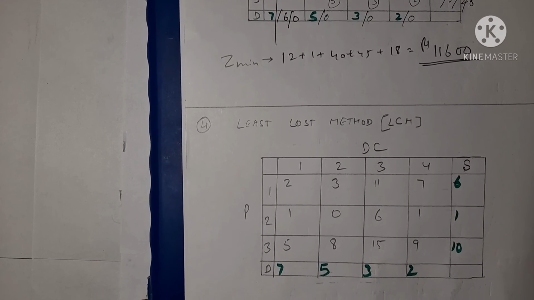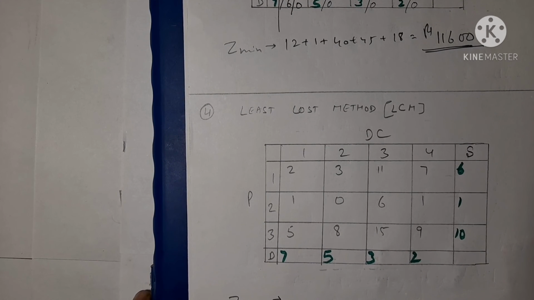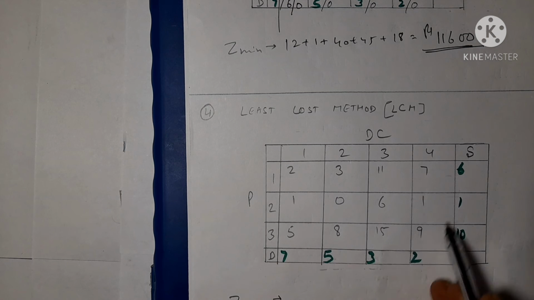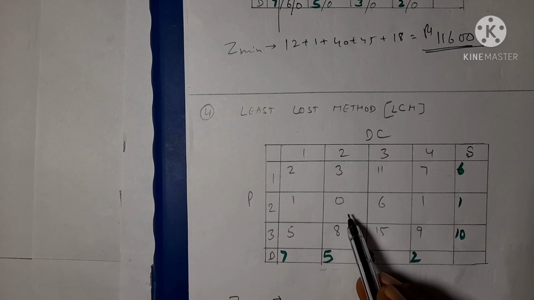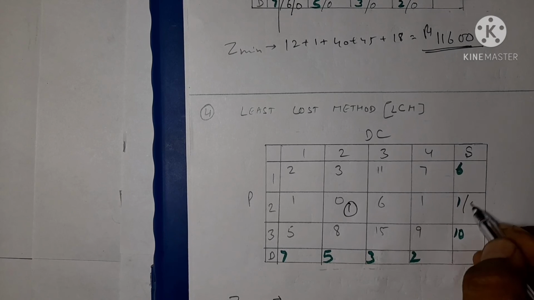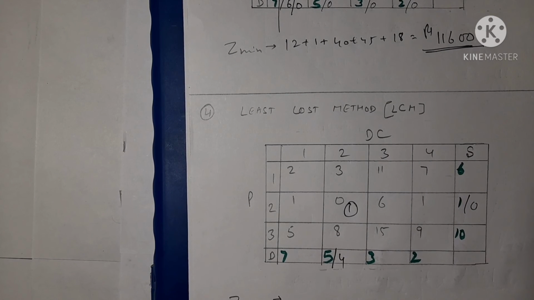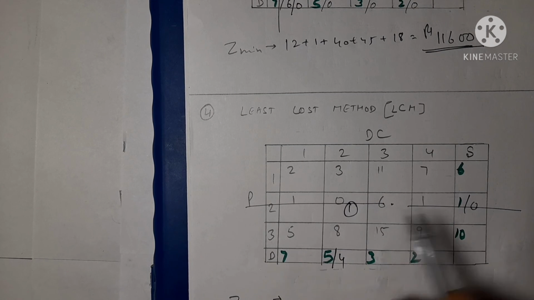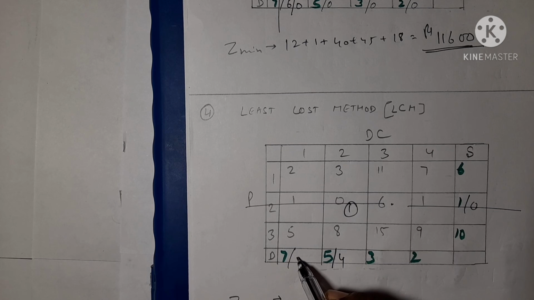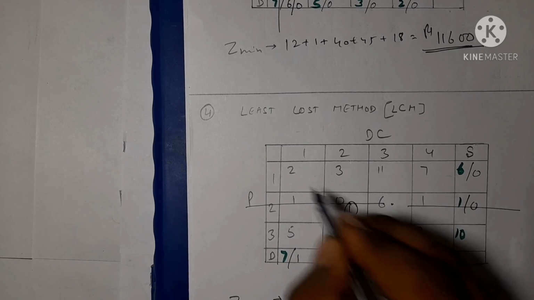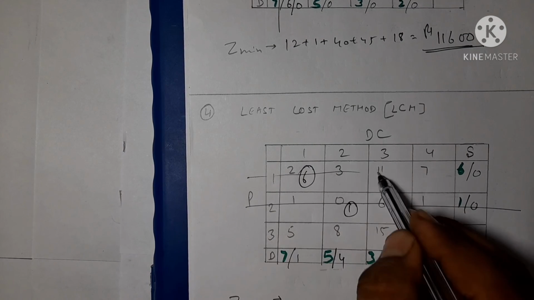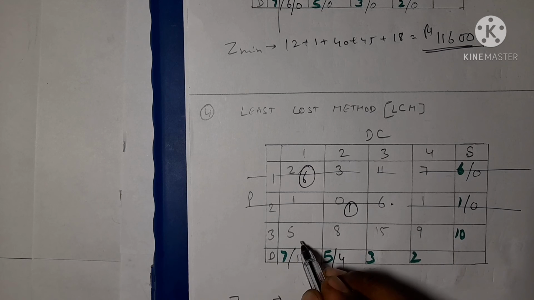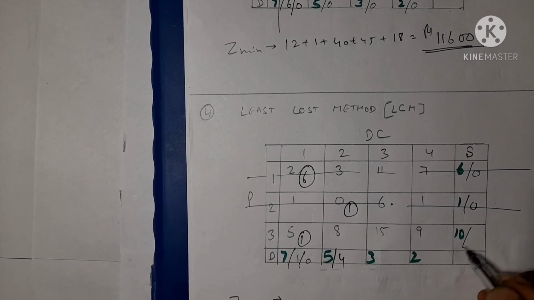Last is the least cost method. In the least cost method, the minimum value from the complete matrix, here it is 0. I am taking a quick look at it. Okay, like this. Now minimum value is 2. From 6, 7, yes, 6 will be there. Now minimum is 5, 1 is there.